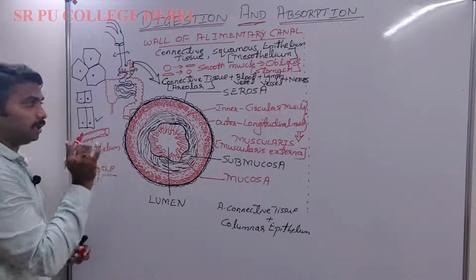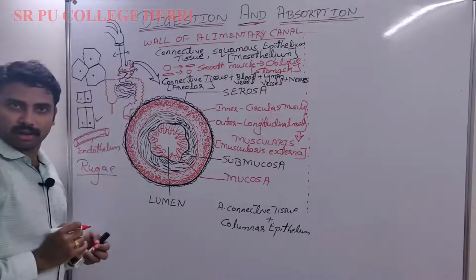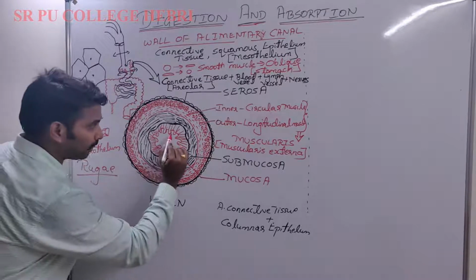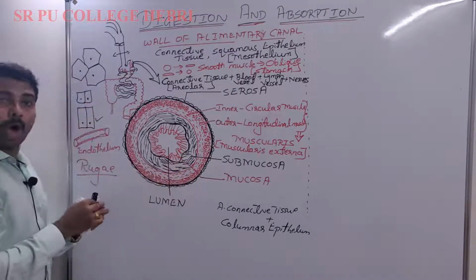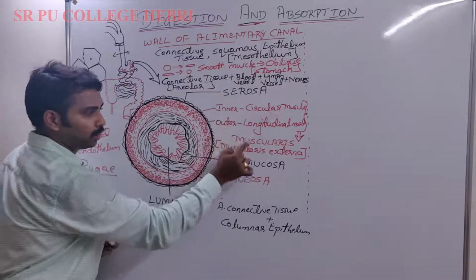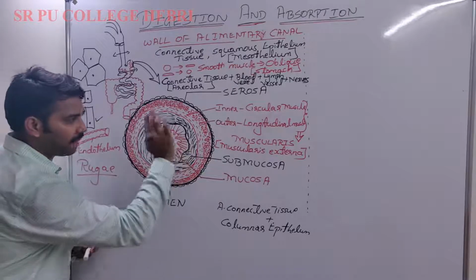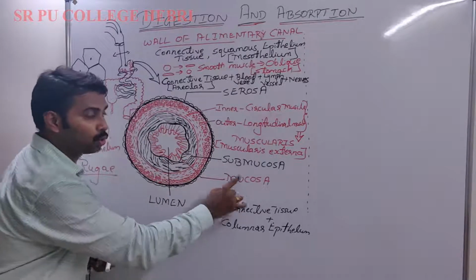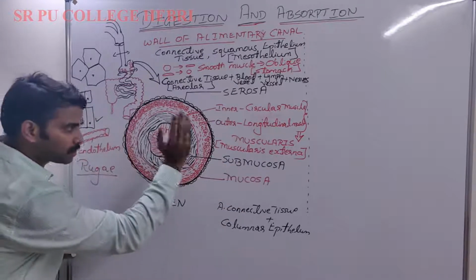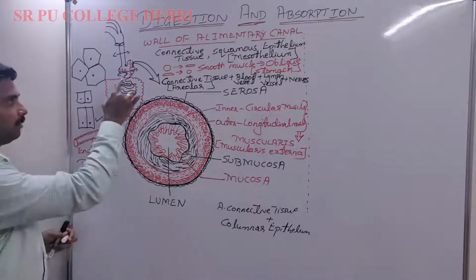Rugae. The rugae found in the stomach are made of, right, foldings of option 1, 2, 3, 4. What is your answer? The rugae is made by the foldings of mucosa, not submucosa. This mucosa only folds and forms rugae.